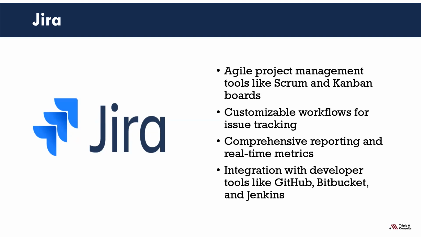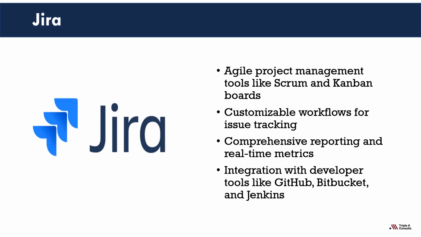Jira is used by organizations like Amazon Web Services, Airbnb, Cisco, NASA, Tesla, Spotify, Walmart, just to mention a few. What are some of the key features of Jira? Jira is an agile project management tool that you can use for your Scrum and your Kanban, and it's very strong with these methodologies.